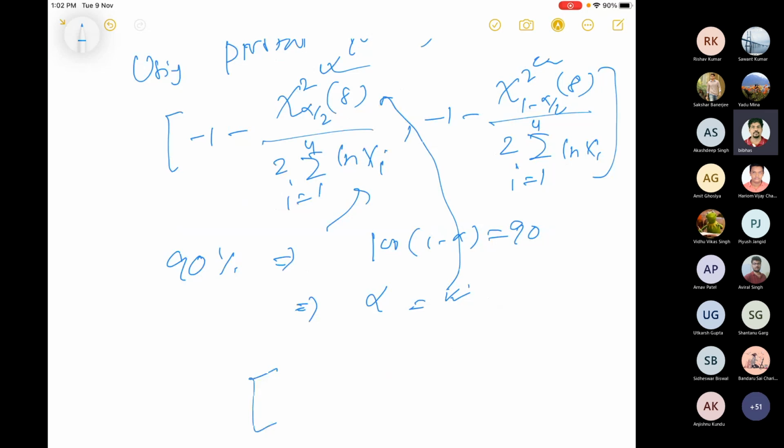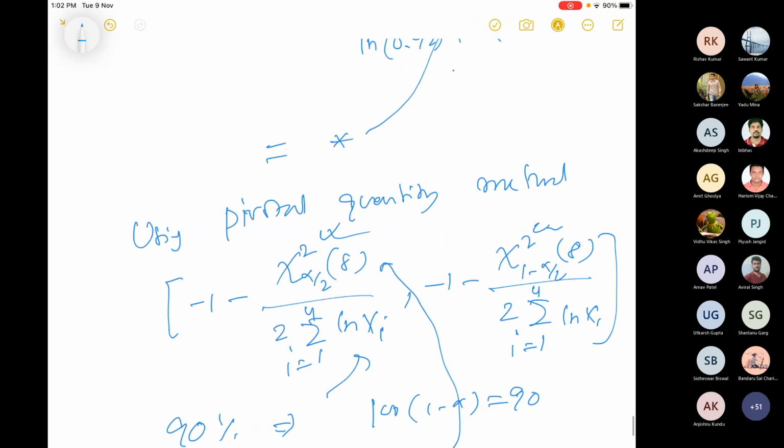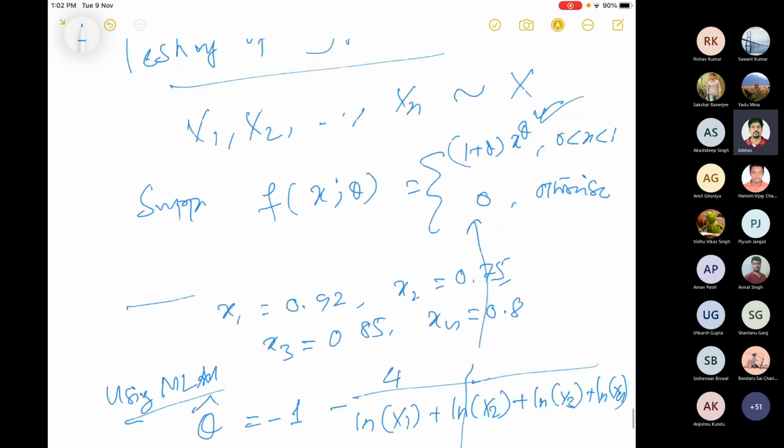Then we are saying that with 90% confidence, theta is lying between that interval's values. We do not know exactly what the PDF is; we know the form of the PDF and we know the value of the parameter.